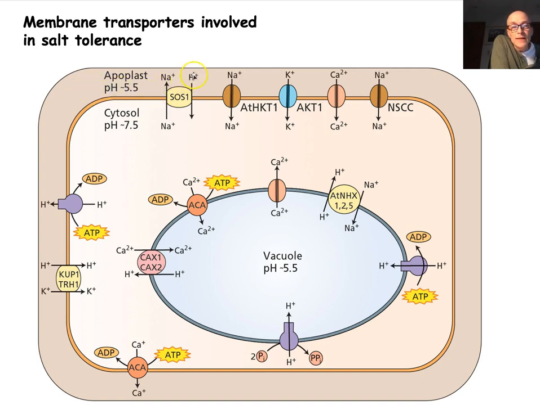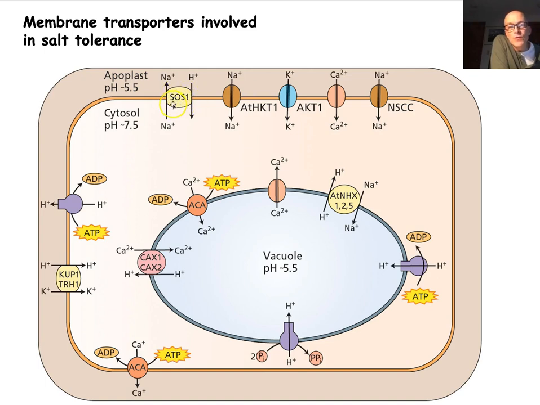So here, for example, the hydrogen that was pushed out through this particular ATPase can now be used by an antiporter, right? This is an antiporter, hydrogen in, sodium out. And this one's called SOS1. That's just the name of the gene that makes this particular protein, and therefore that protein is also called SOS1.